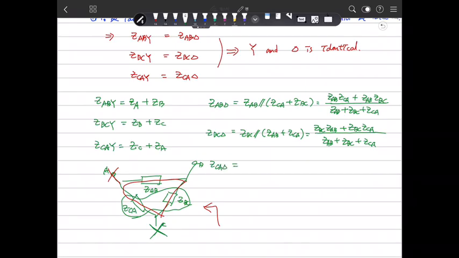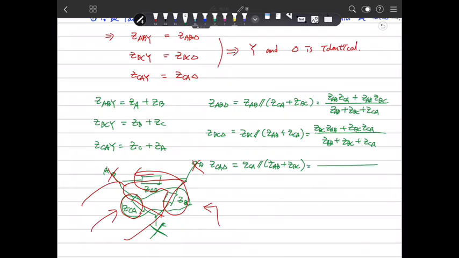Last, GCA delta. From the viewpoint of CA, B is open, so this is GCA in parallel with GAB plus GBC.